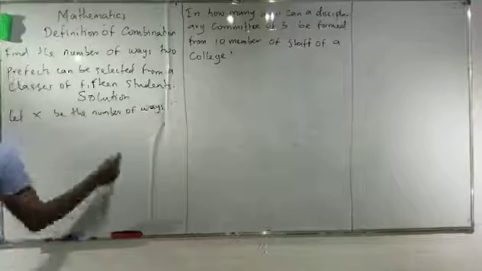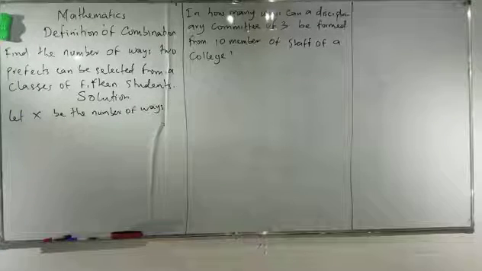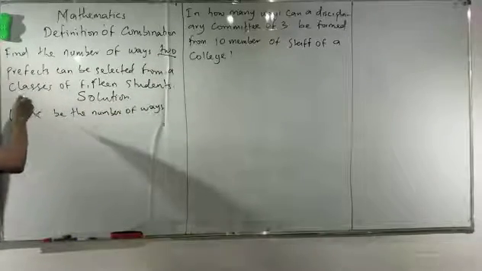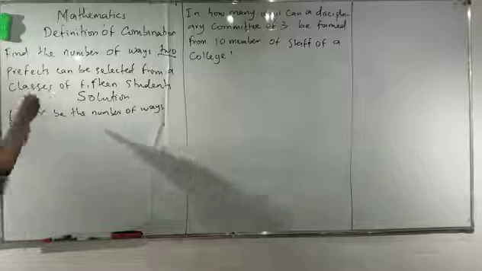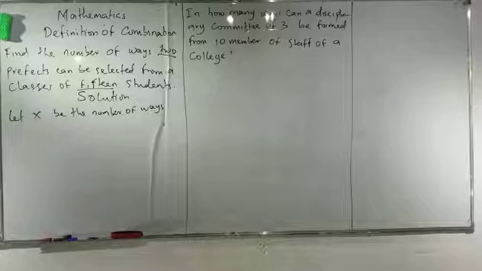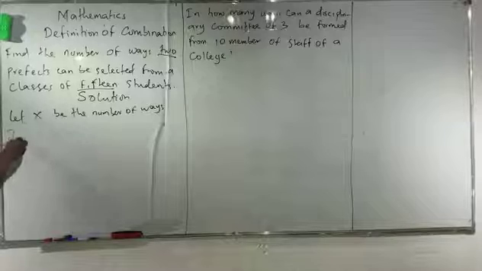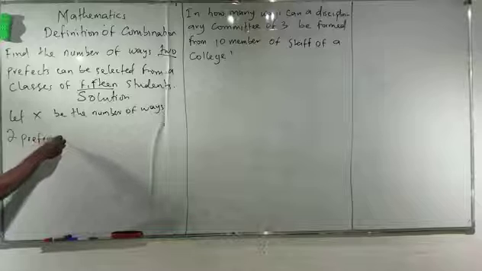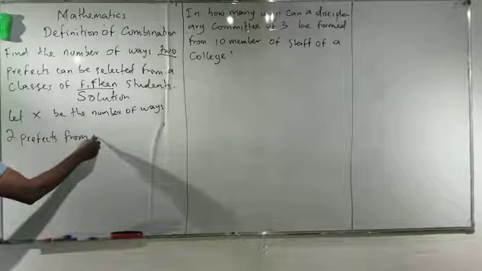Do you get me now? That is very important. The next thing is we are talking about two prefects from how many? From 15 students. Two prefects from 15 students.